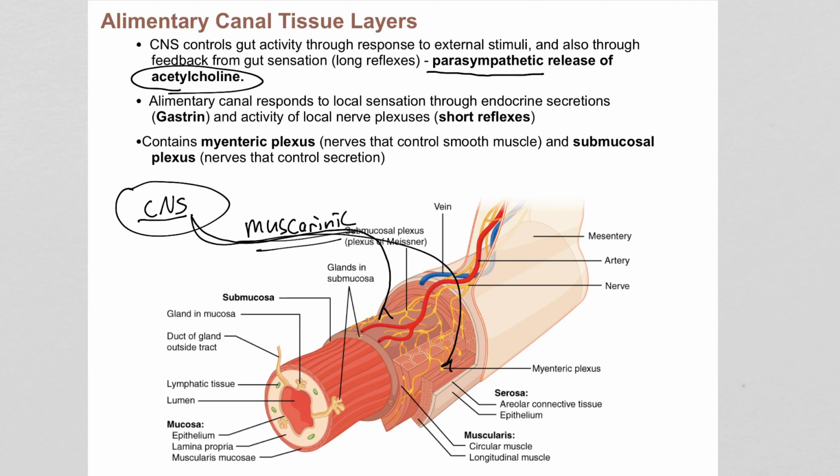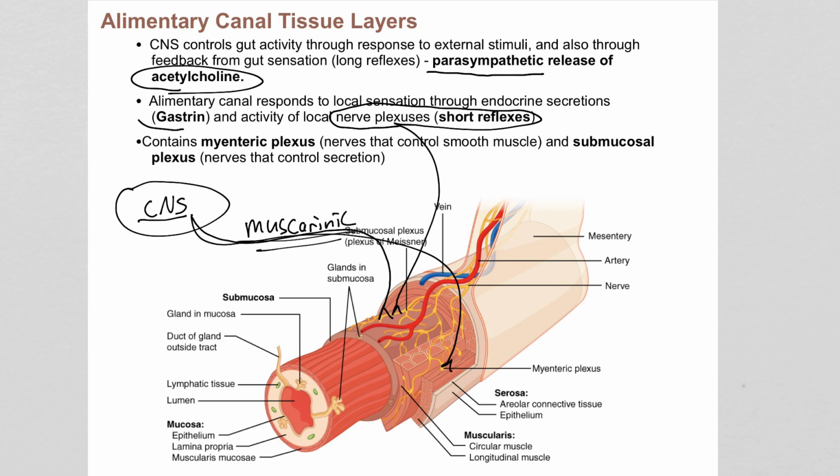And one way that you can have local activation is that these nerve plexuses, they have their own reflexes. So for example, if you swallow food and your stomach begins to stretch, there are stretch receptors in the wall of the stomach that will trigger these short reflexes within the myenteric plexus. So the stomach or the small intestine will reflexively start contracting even without input from the CNS.